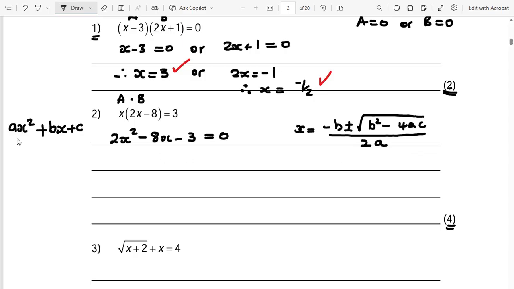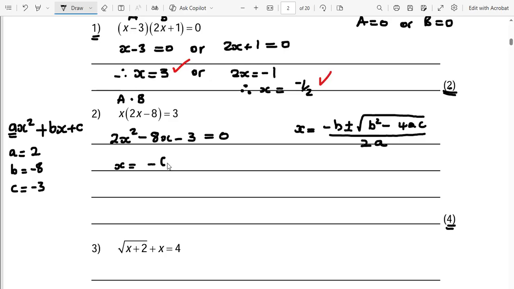You need to understand the value of a. So the value of a, that's the coefficient of x squared, which is 2. The value of b, that's the coefficient of x, which is minus 8, and the value of c, that's your minus 3. You're going to substitute everything correctly.